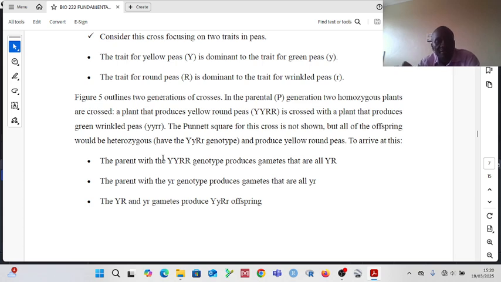The gametes it can produce are all small y and small r.